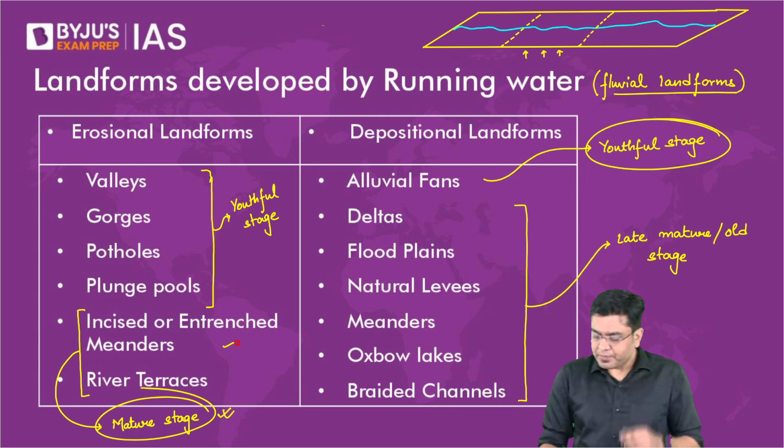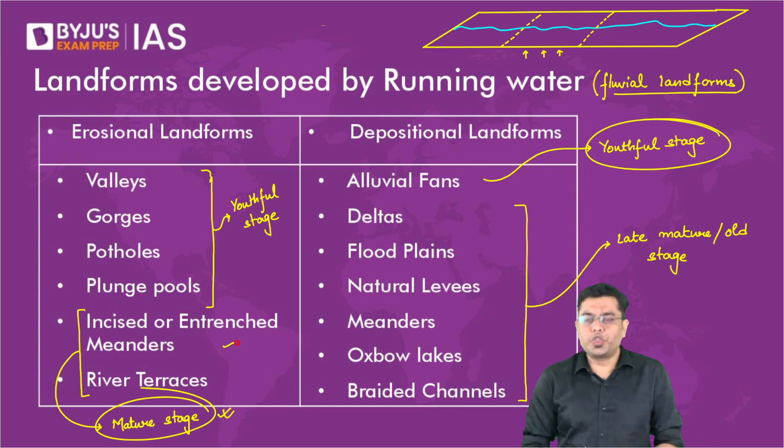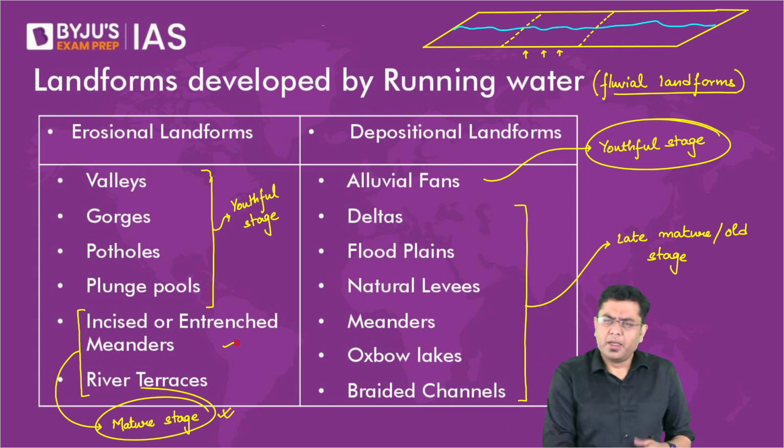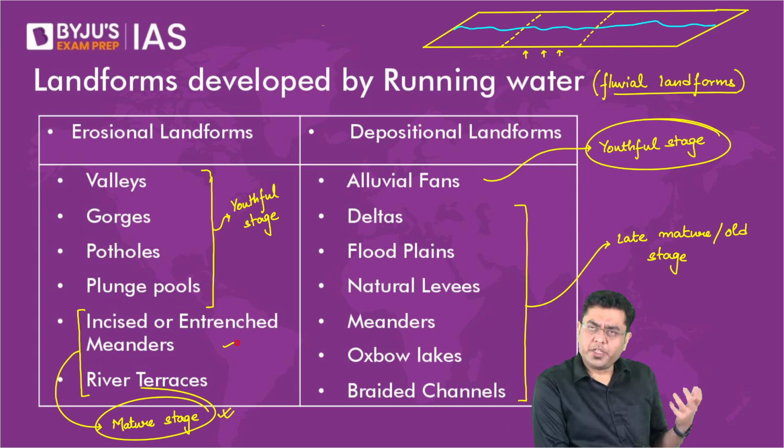Before that, let us first of all concentrate upon the other erosional landforms which get created. And then, is there any resource or deposit of crude oil in India? A lot of resource of crude oil in India is there. Krishna Godavari basin, the region of the Cambay basin, otherwise Ankleshwar region in Gujarat, Digboy area or the Brahmaputra plains of Assam, then northern portion of Rajasthan and western portion of Rajasthan.